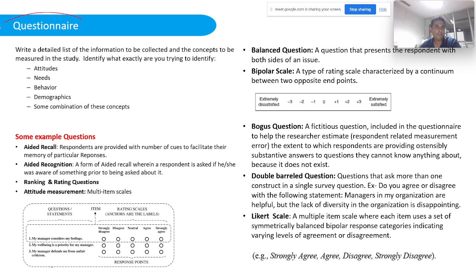Another type of user study is questionnaire. Now, questionnaire you use when you need to know more detailed information which is mostly objective and fixed for a particular context.